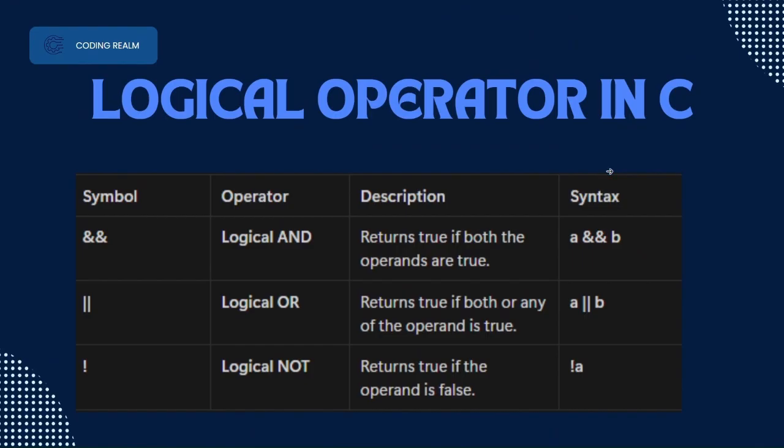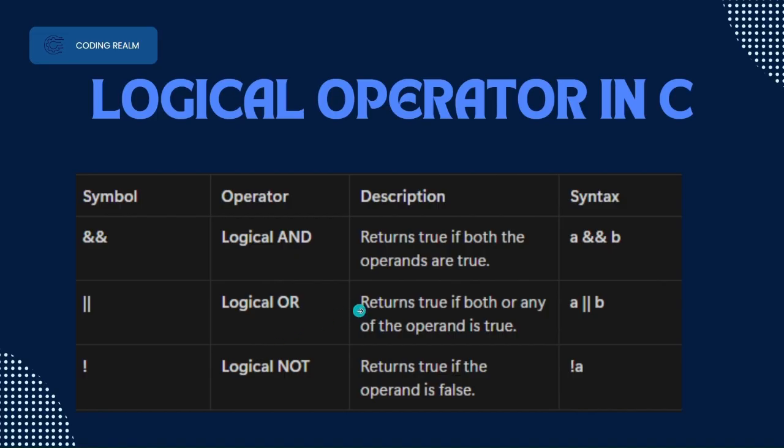Now the logical operators in C. The logical operators are used to combine two or more conditions or to complement the evaluation of the original condition in consideration. For example, logical and, this is the symbol of and, returns true if both the operands are true, for example, a and b.